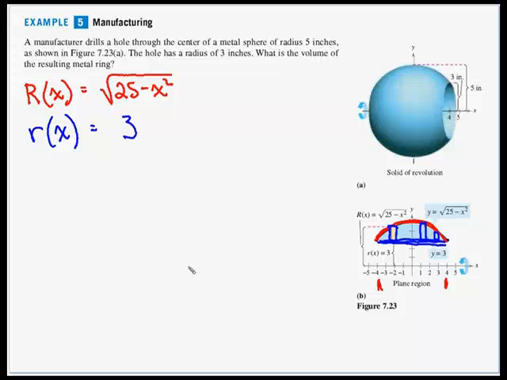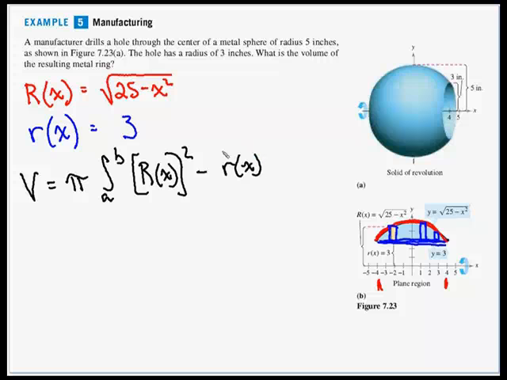So let's see, I think we're ready to start our integration. The formula is pi, definite integral from a to b, of capital R of x squared minus lowercase r of x squared dx.